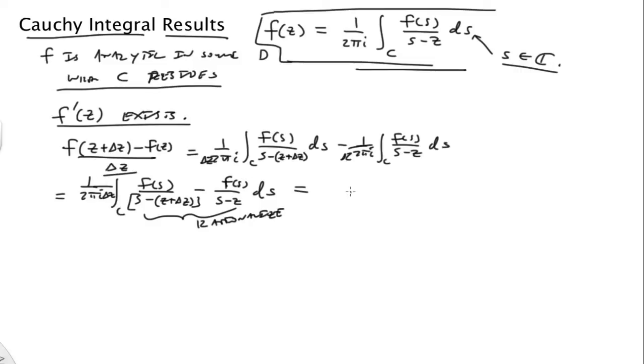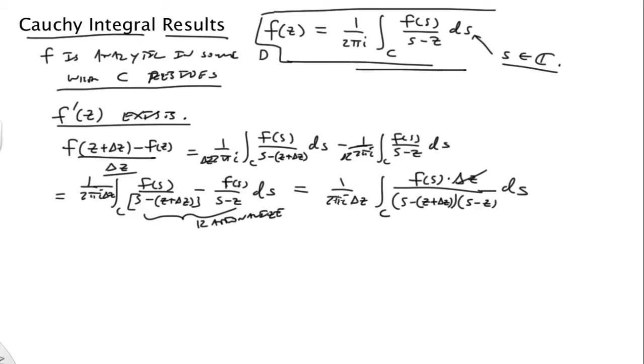Okay, so what we're going to do is 1 over 2 pi i delta z integral over C, and then we're going to rationalize, and I'll skip some of the steps here. You can go through and rationalize this denominator just fine. I know you know how to do that. And it's going to be s minus z plus delta z quantity times s minus z, and all that times delta z in the numerator, ds.